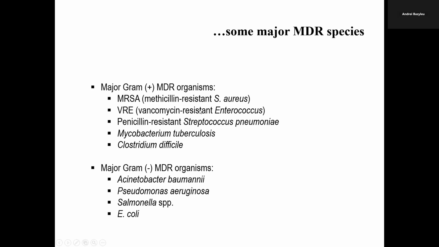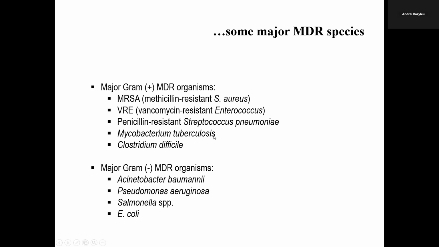So VRE, or the vancomycin-resistant Enterococcus. Vancomycin is also highlighted. You will have to memorize this antibiotic, as I think we discussed it last week in that video that I posted. Vancomycin is a very important drug, still a very potent drug. A lot of research is being done on it. It's one of the most researched antibiotics out there.